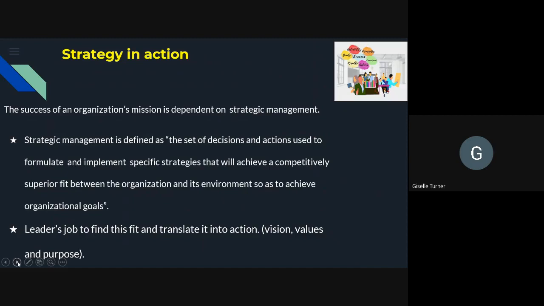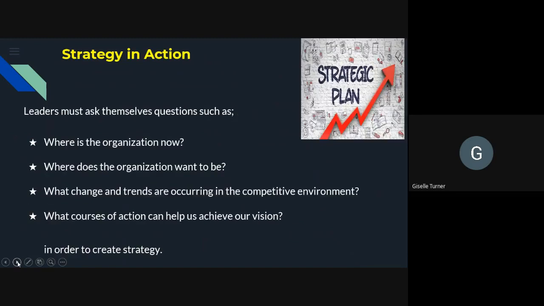And the leader's job is to find this fit and translate it into action. I think Sue had mentioned something about that when Mr. Sinbryce had spoken about servant leadership. So you want to be able to use the vision and the values and the purpose of the organization and tweak it so that it fits the goal that you would be aiming for. Next slide, please.